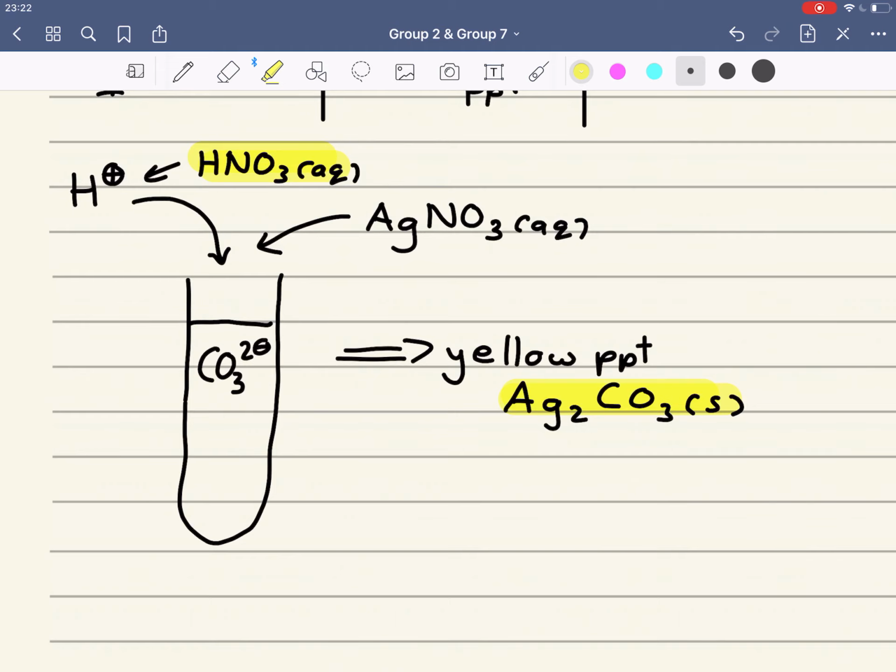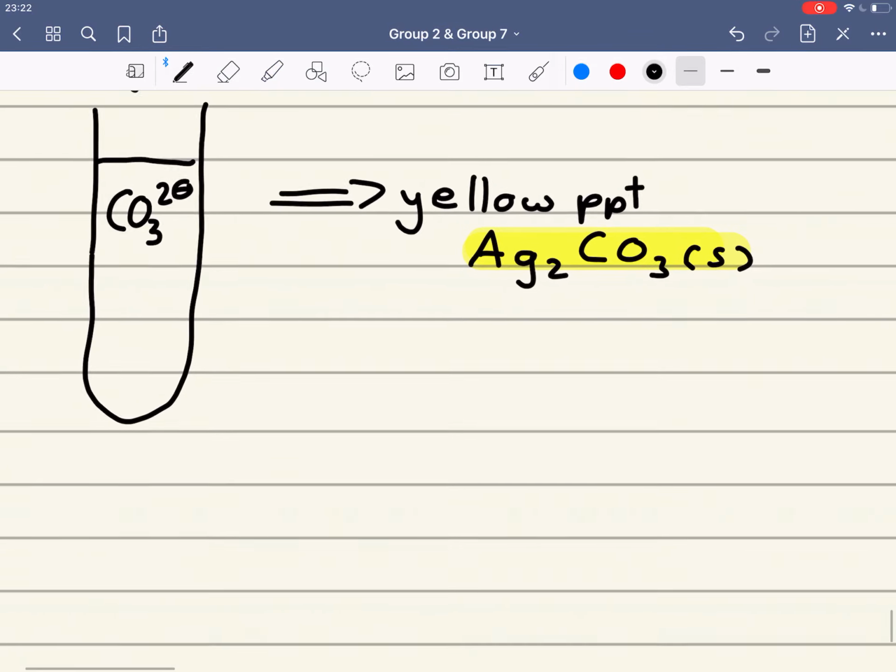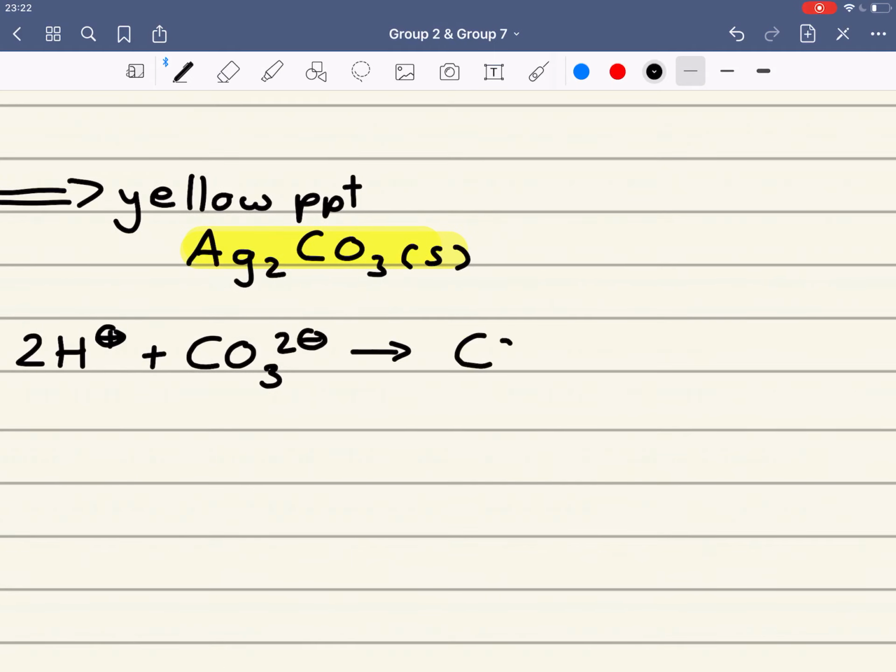But if you add hydrogen ions and then add silver nitrate, that will remove any carbonate ions which may be present according to the following equation. The hydrogen ions react with any carbonate ions, and that forms carbon dioxide and water. If there are any soluble carbonate ions in there, you'd observe a fizzing due to the formation of the gas carbon dioxide.